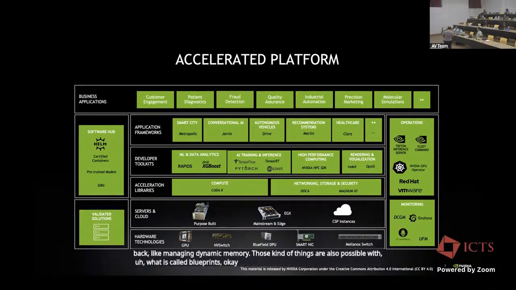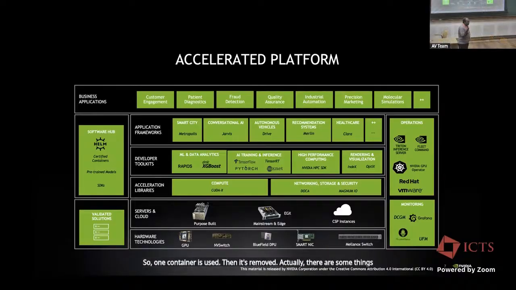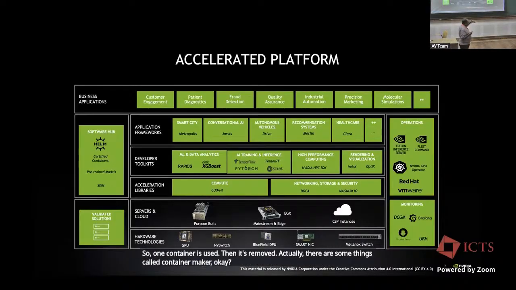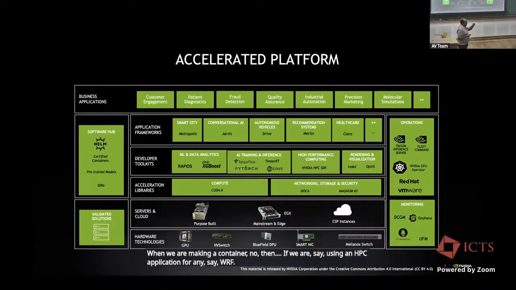One container after another, you are making a workflow. One container is used, then it's removed. Actually, there is something called a container maker. When we are making a container, say we are using an HPC application like WRF, initially I'll require all the compilers because I'm going to compile the code.